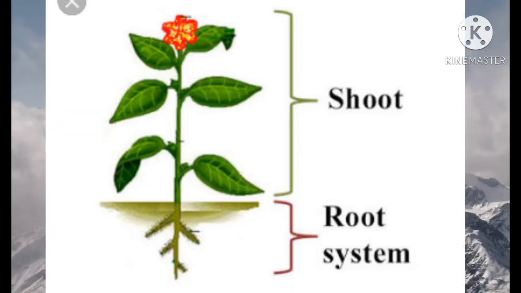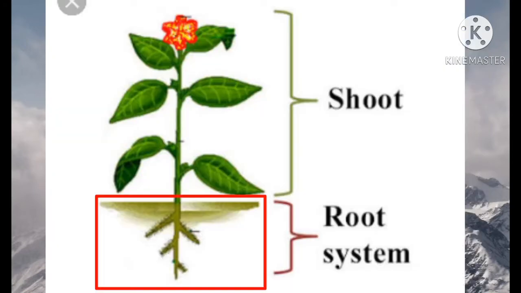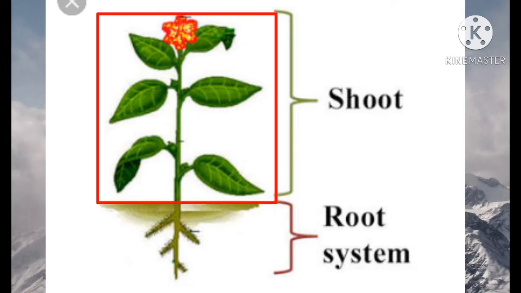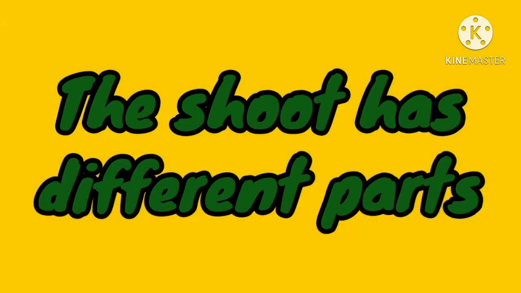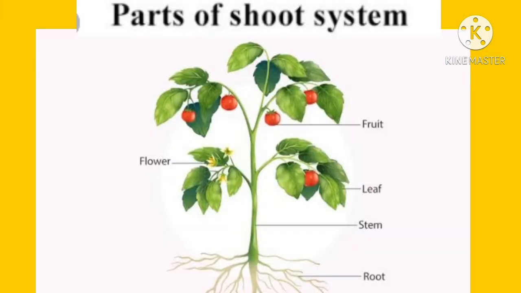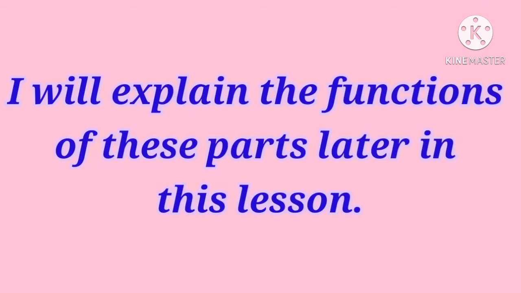Root usually grows under the ground, while shoot usually grows above the ground. So this part is the shoot of a plant. The shoot has different parts. They are stem, leaves, flowers, fruits, and the stem with lateral branches. I will explain the functions of these parts later in this lesson.